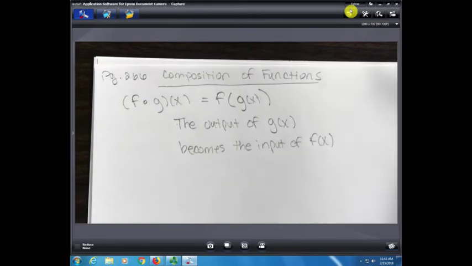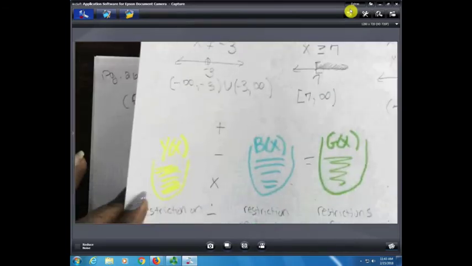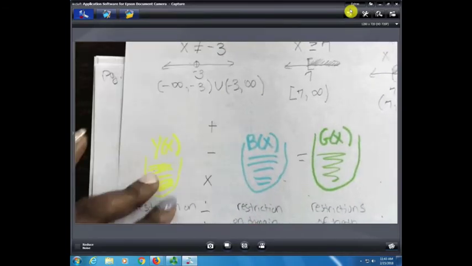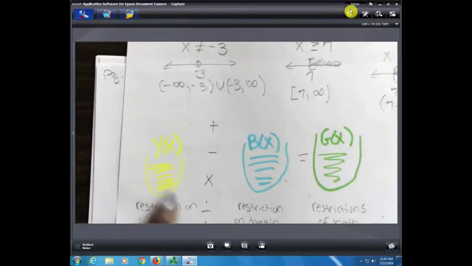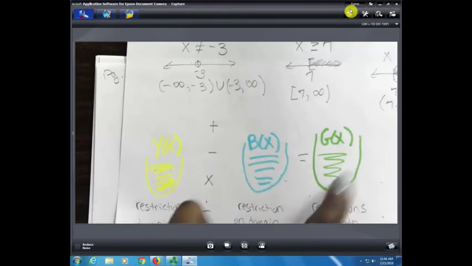So if we go back to our yellow and blue functions here, the algebra of functions means you have one function, you do a little something, and then get another function, and then it becomes a new function.